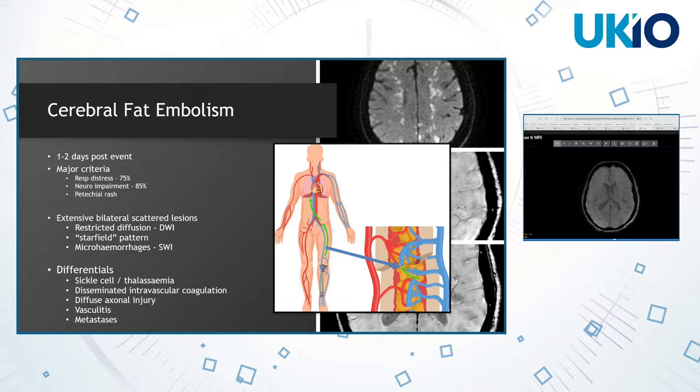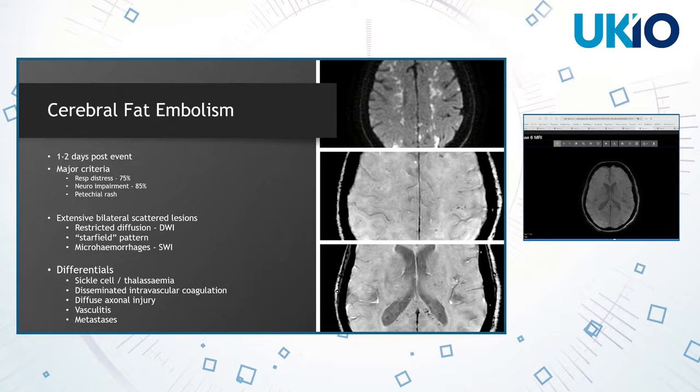There's also a chemical hypothesis suggesting that it's the inflammatory changes after the trauma that lead to breakdown of fats into fatty acids that get into the vasculature and cause emboli. What we're seeing on imaging, of course, is an embolic phenomenon. And the differential for this includes sickle cell and thalassemia, but that's also related to fat embolism effectively.